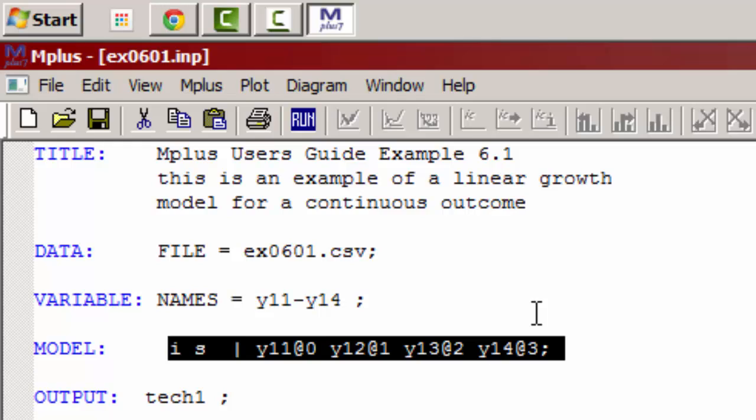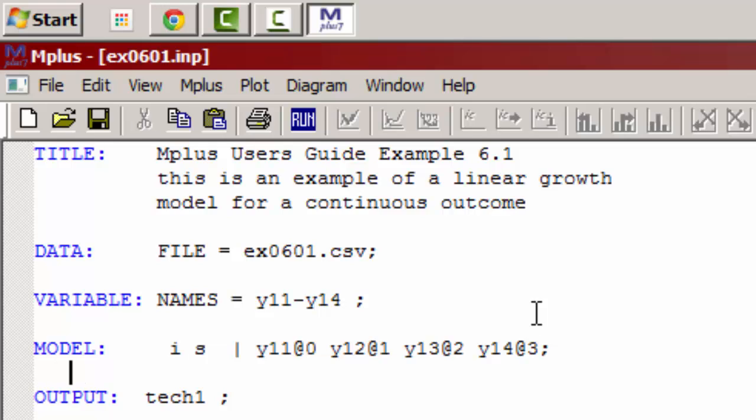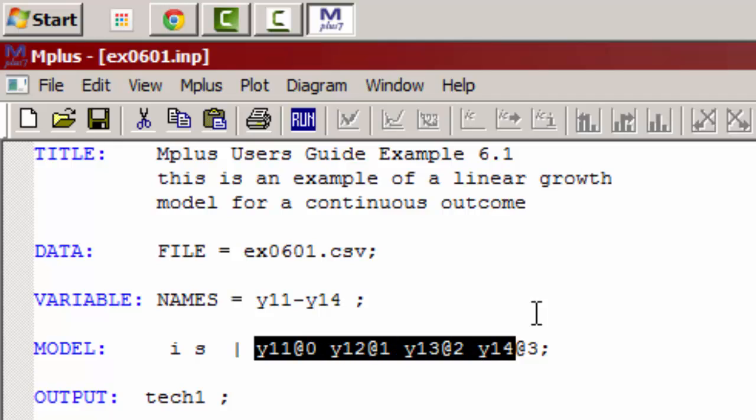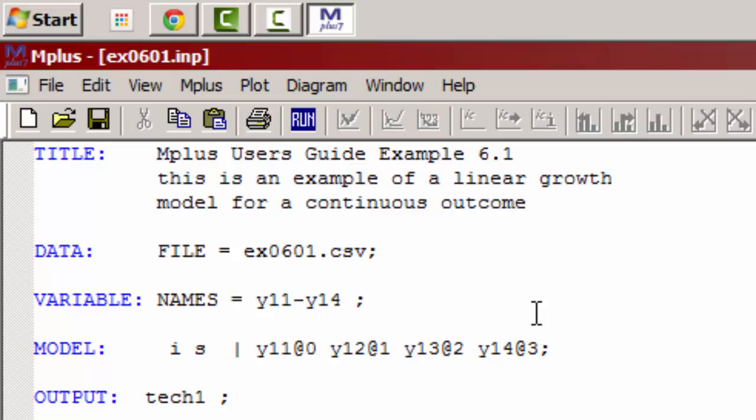What this command is saying is, please estimate for me a linear growth curve model with 2 growth factors, I and S, and please use the y1 through y4 as repeated observations, and estimate a linear model for change where the repeated observations are observed at uniform increments. And the so-called time steps here are 3, 2, 1, and 0.